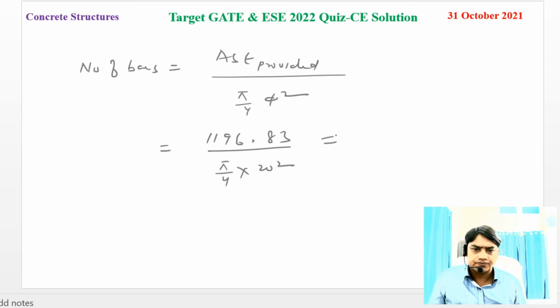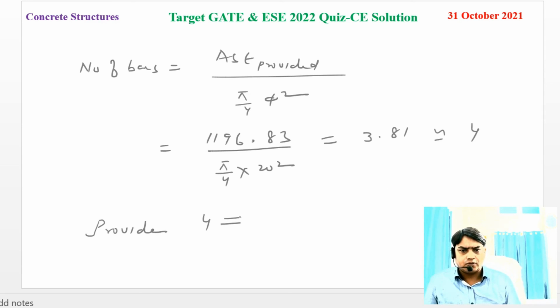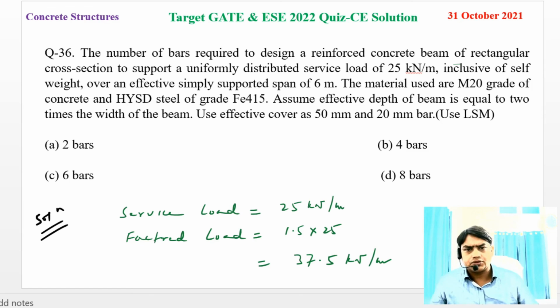So it will be 1196.83 into 4 divided by 400 pi. So it is 3.81. So provide 4 bars. So provide 4 bars of 20 mm diameter. So here the number of bars required is 4 bars. B option is correct.